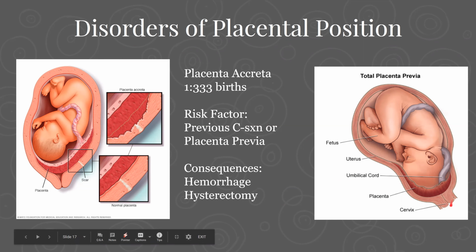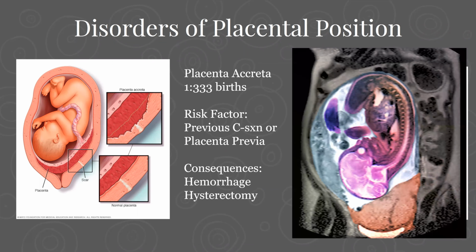And if we just bust through it, that's not going to happen. And so you can have a lot of hemorrhage that might also result in a hysterectomy, but you'll definitely have to have a C-section for this one. And this one shows, here's the baby, here's the placenta. This baby is not going to be able to get out. So I will stop right there and make a new video for the next section.